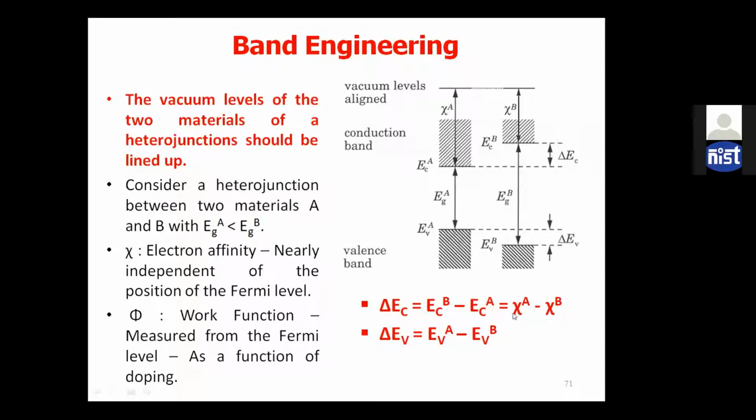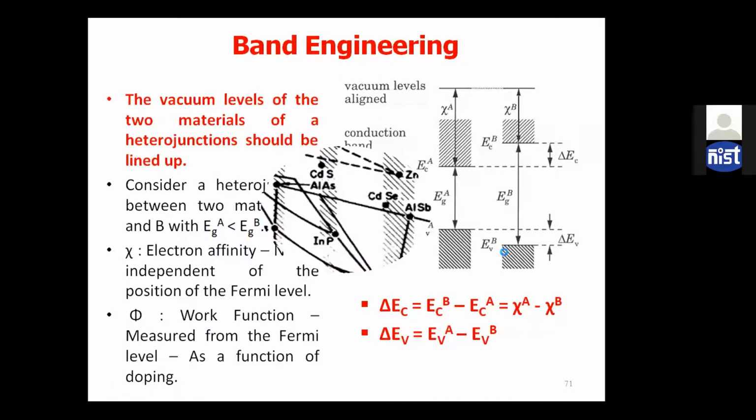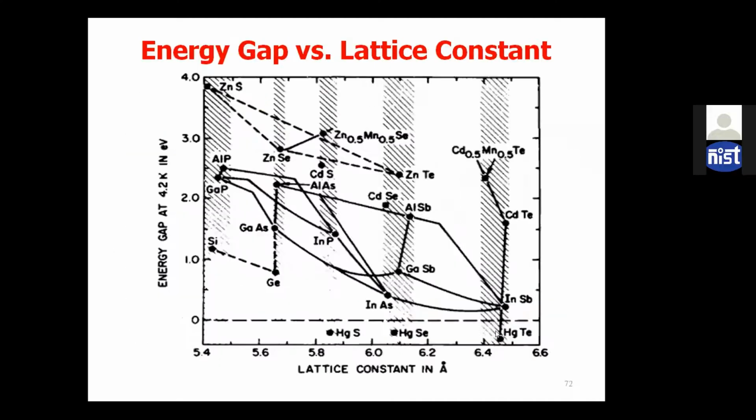You can directly get it from the material parameter, the electron affinity, which is equal to the electron affinity of A minus that of B. Similarly, delta EV is equal to EV of A minus EV of B.